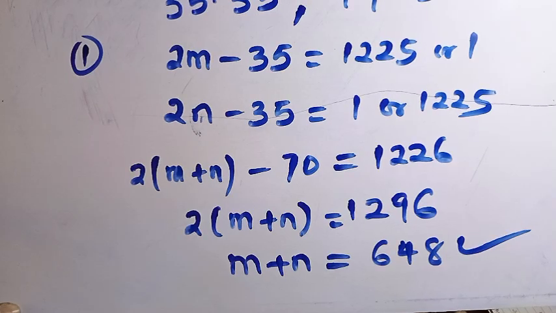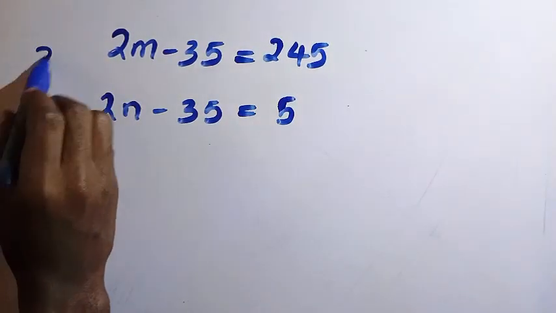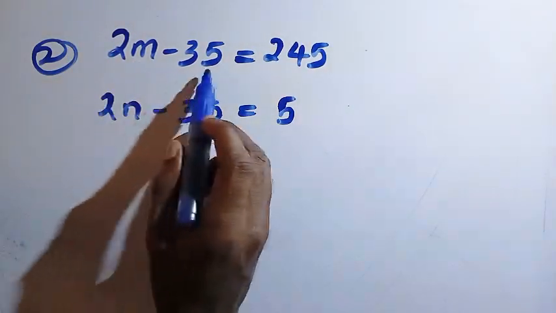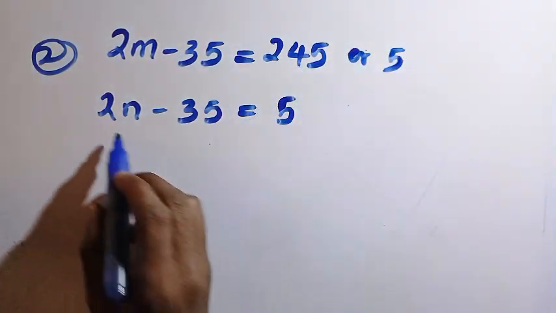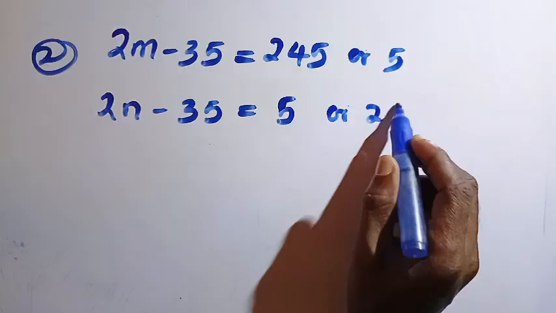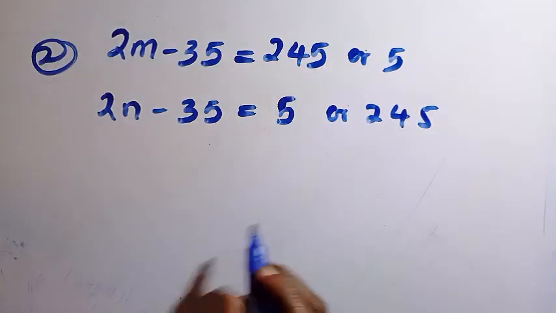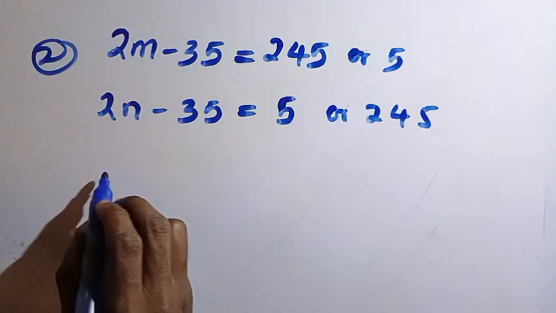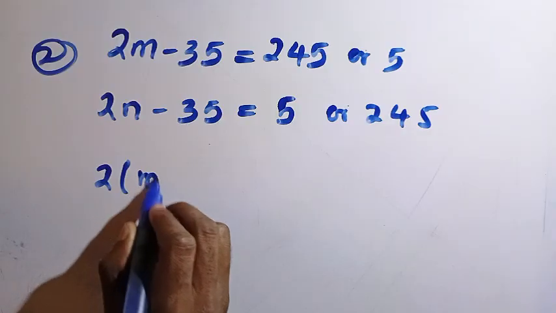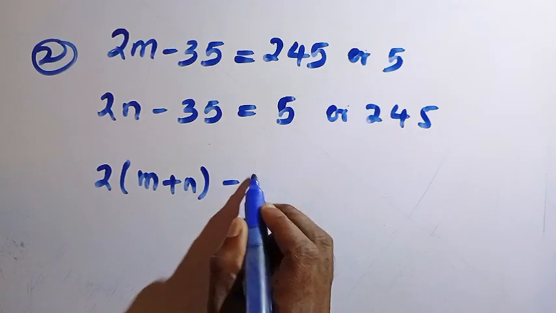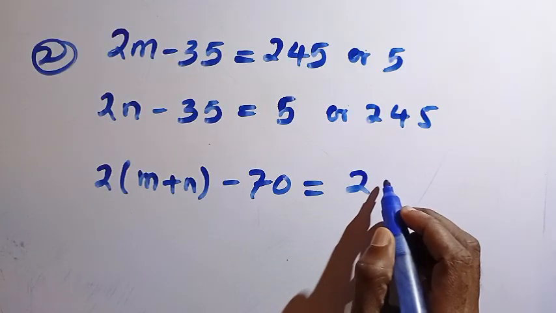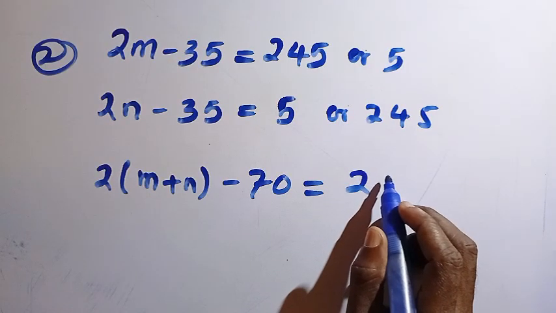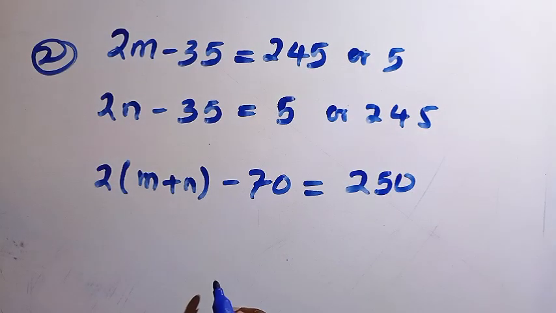Let's check for the second one. Let's consider the second case. We have 2m minus 35 equals 245 or 5, and the other one is 5 or 245. Just as we did earlier, let's add these together. So we have 2 bracket m plus n, then minus 70 equals 245 plus 5, that gives us 250.